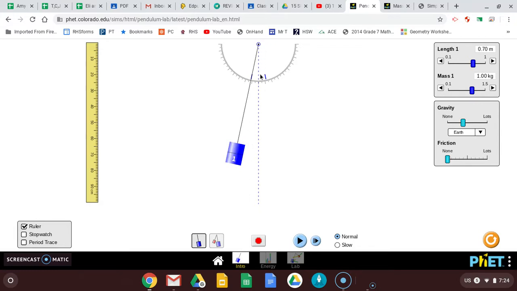This dotted line on this pendulum represents the equilibrium position, where, if you let it go, eventually, due to outside forces, it's going to come to a stop, right? And that's where it would stop, going straight down. This position, or the similar position on the opposite side, is known as the amplitude, the max displacement away from that.